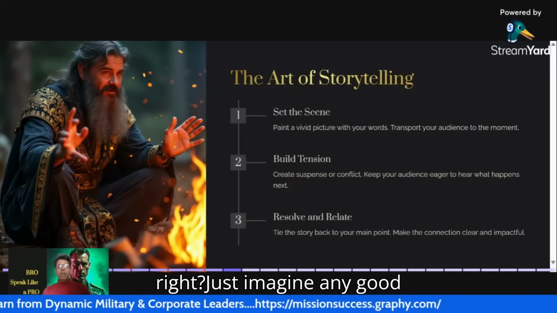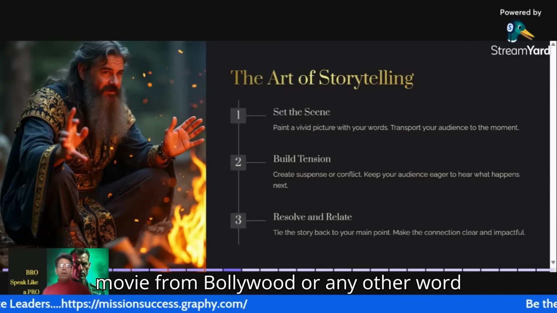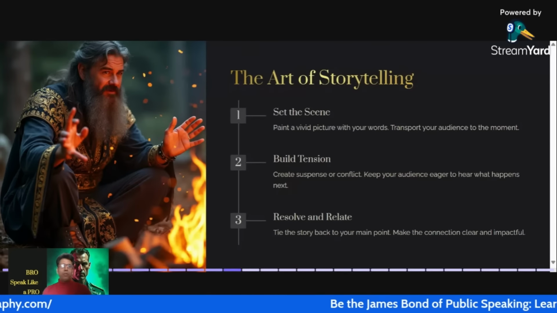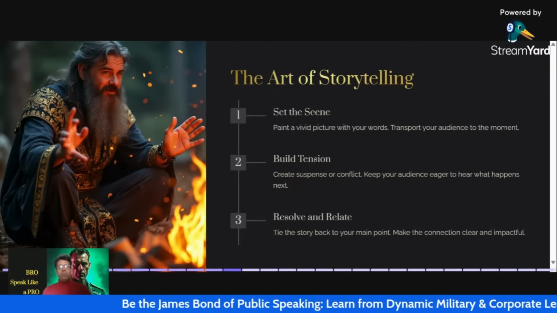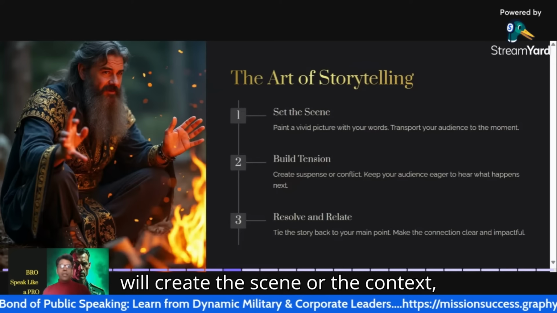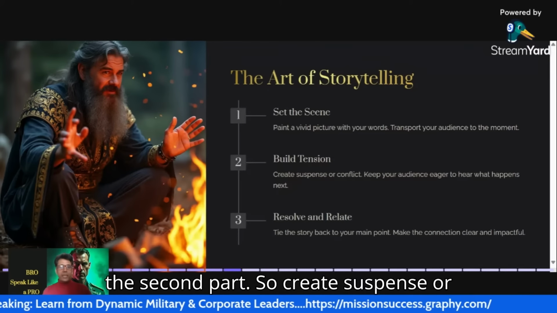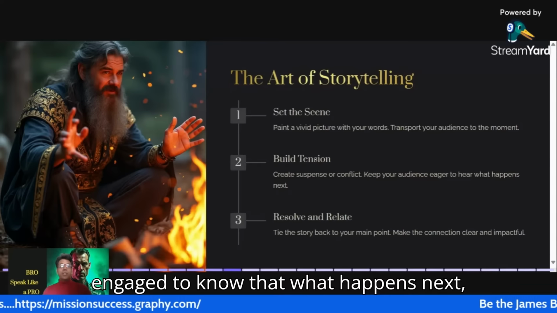Just imagine any good movie from Bollywood, or in fact every movie from Bollywood or any other wood for that matter, Hollywood, Tollywood, Lollywood. Every movie follows the storytelling pattern that it will create the scene or the context, right? Then it will build the tension in the second part, so create suspense or conflict to keep the audience eager or engaged to know what happens next, right?